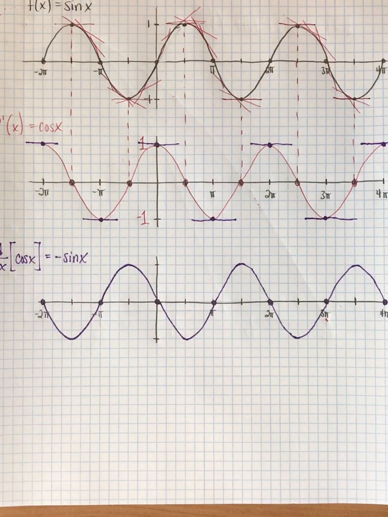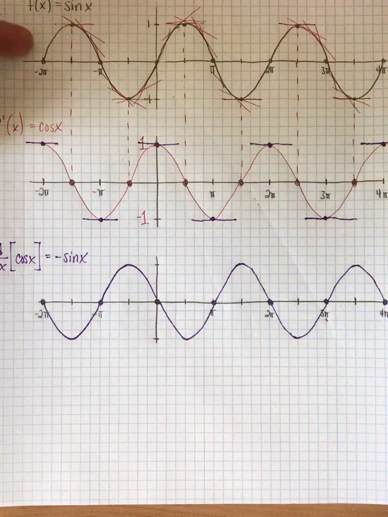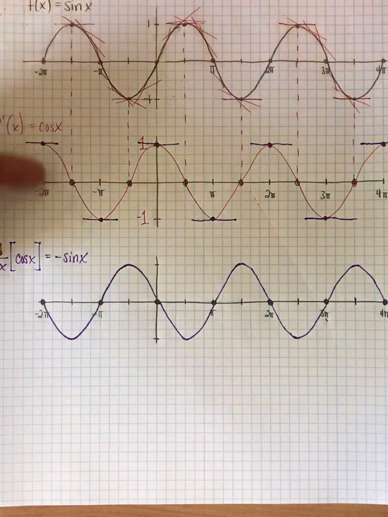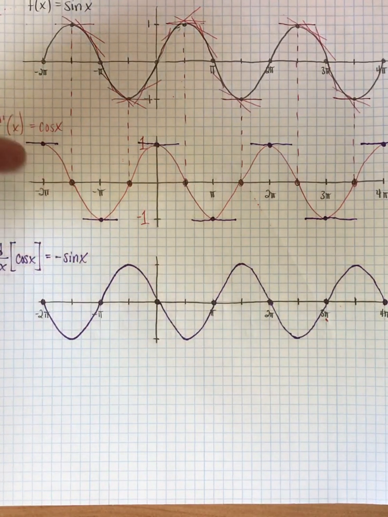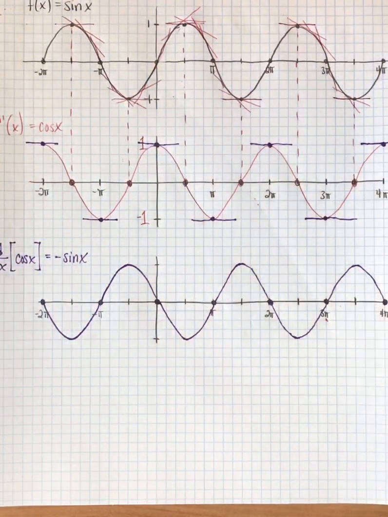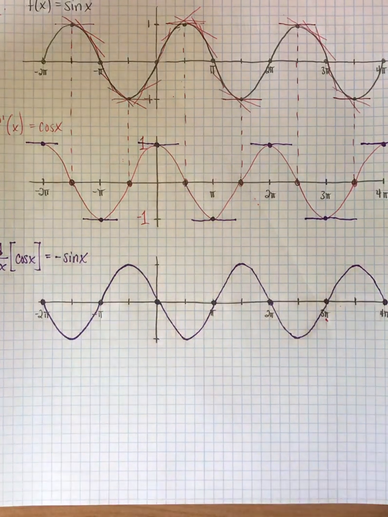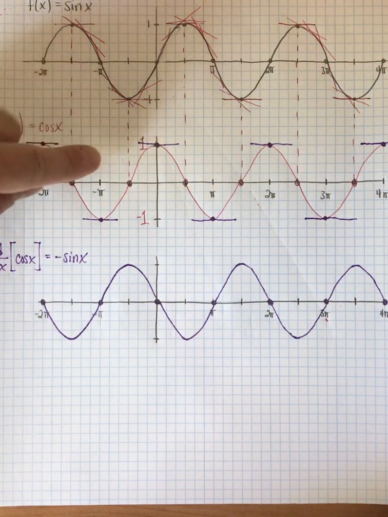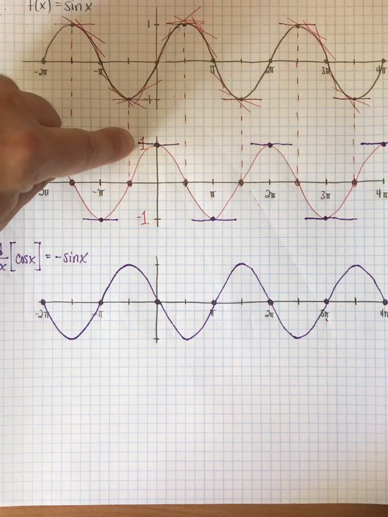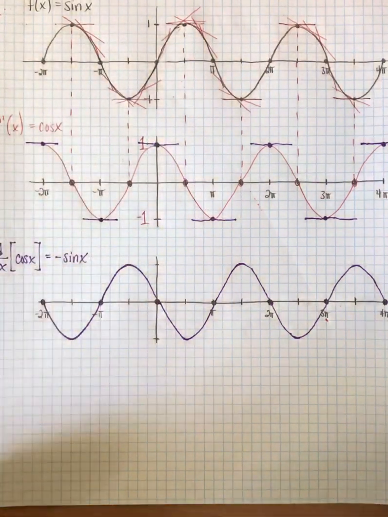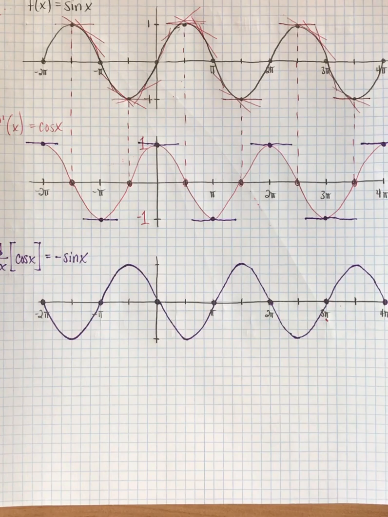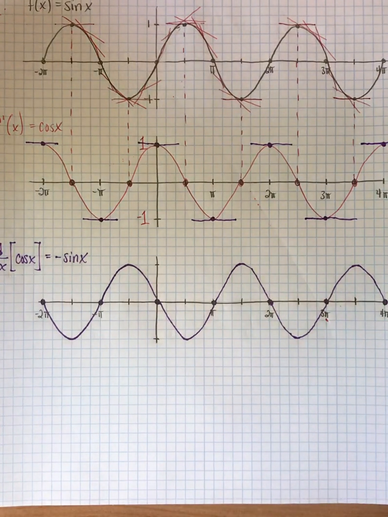but I think it's probably safe to assume that if the scale did not change going from sine of x to cosine of x, then it probably won't change going from cosine of x to its derivative, negative sine of x. Actually, when you think about it, we know this scale, it peaks at 1 and it bottoms out at negative 1. We know that from the algebraic approach that we saw in the PowerPoint slideshow.